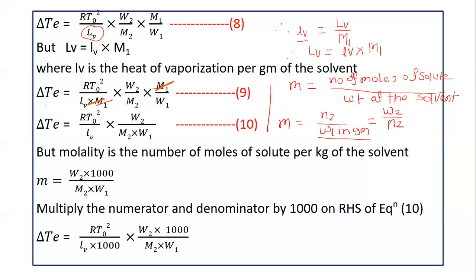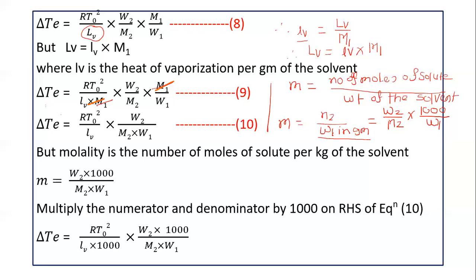Convert it into kilogram. So W1 is divided by 1000. To convert gram into kilogram, W1 is divided by 1000. So 1000 goes to the numerator and W1 is at the denominator. So this is the molality.